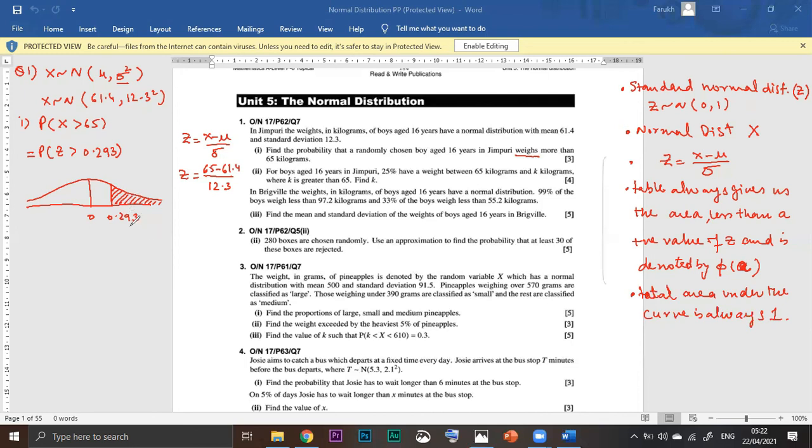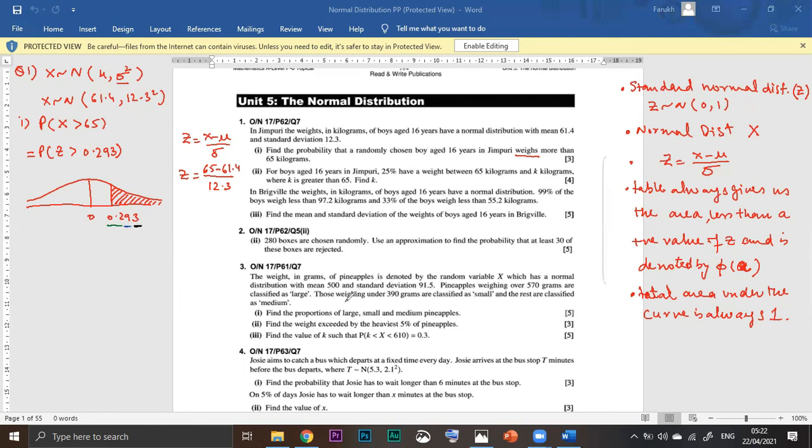Now we will divide this figure 0.293 into three portions. First portion is 0.2, second portion is 9, and the third portion is 3.